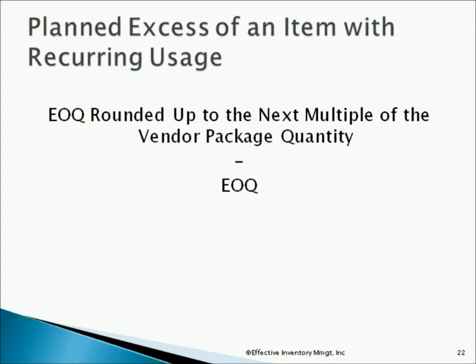If the EOQ comes out to be, say, 12 pieces, and the vendor will only sell you the product in a package of 25, you want to buy 12. The vendor is forcing you to buy 25. The difference between the vendor package and the EOQ is something that we call planned excess. It is what you have to buy above that lowest total cost quantity.